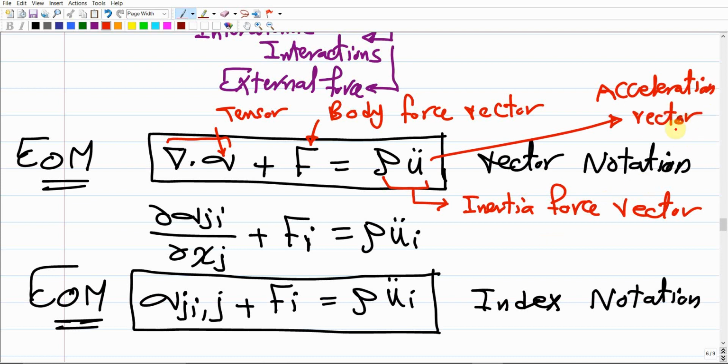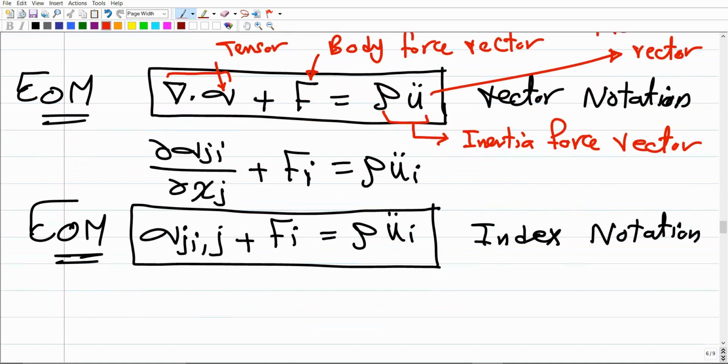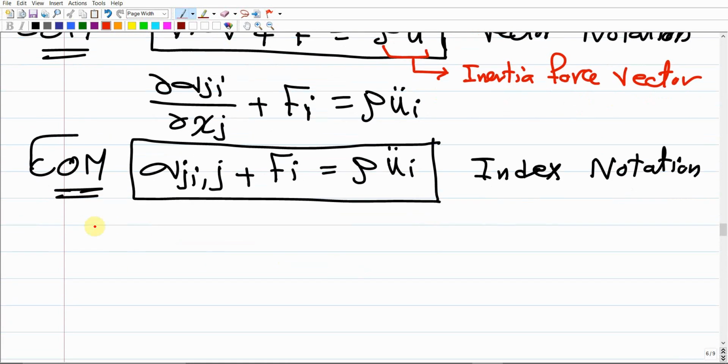So all the terms in this equation of motion are vectors, even nabla dot sigma. Sigma itself is a tensor, but since it is multiplied as a dot product, the divergence of a second order stress tensor gives a vector, which we proved in the tensor calculus part of this class. So this is the equation of motion in vector notation and in index notation.